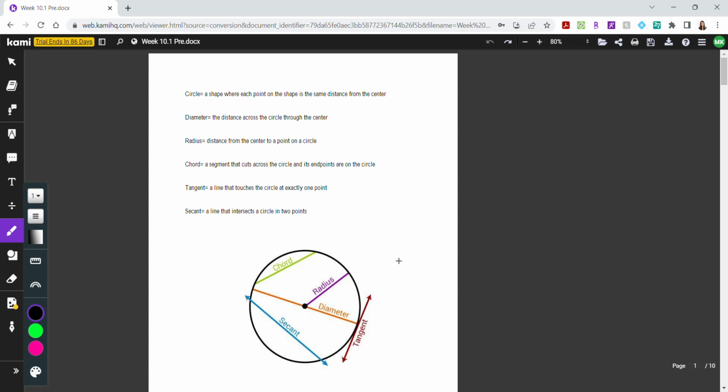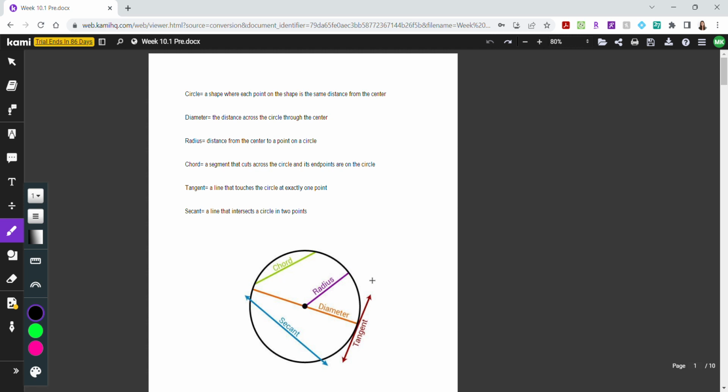All right. Now a chord, as you can see here, is a segment that cuts across the circle and its endpoints are on the circle, right? So it doesn't pass through the center, but it is a line that does cut across the circle, just not through the center. All right, and so this will be a chord.